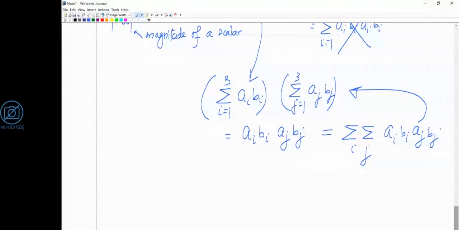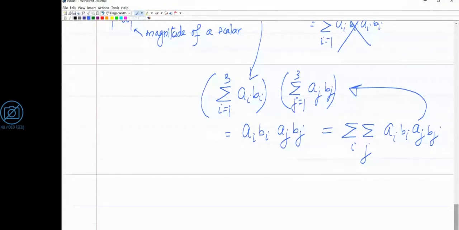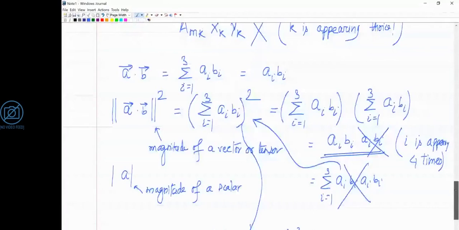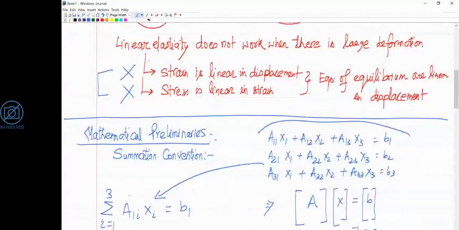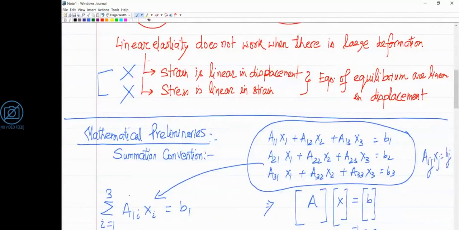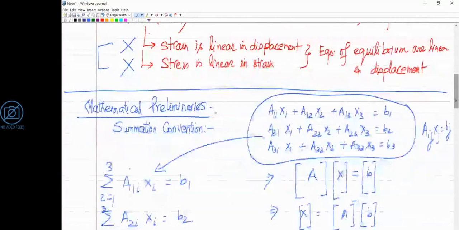You see your first case here itself. This big thing, you are able to write this as aij xj equal to bj. So it has compacted your notation, isn't it? So that's the advantage of summation convention, and that's why we are learning it.